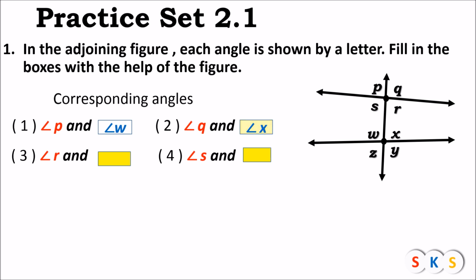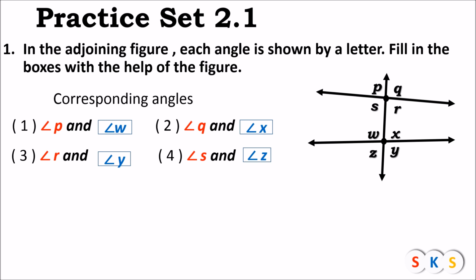Yes, you are correct. Angle X. Third one is angle R and dash. Which angle will come over here? Yes, it's angle Y. Correct. The fourth one is angle S and dash. Fill this box. You are correct. You will get angle Z. Okay, so make a note.